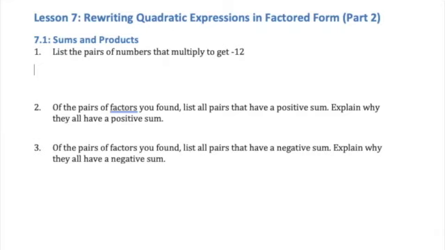You'll notice here we're now getting a negative number as a result, which means that our factors must be one positive and one negative. So we're going to have one positive and one negative number.